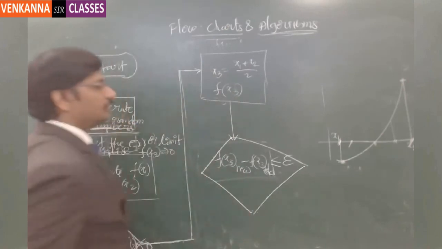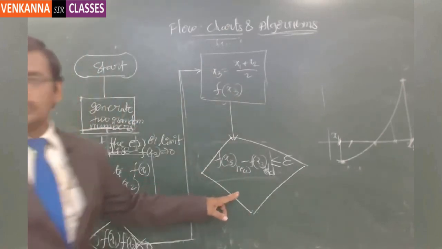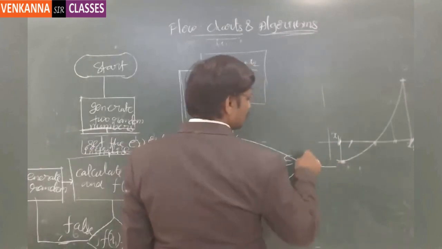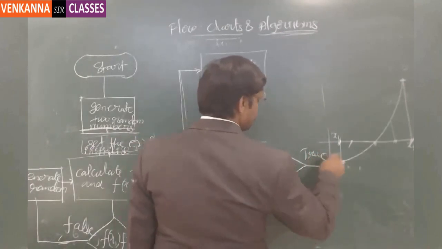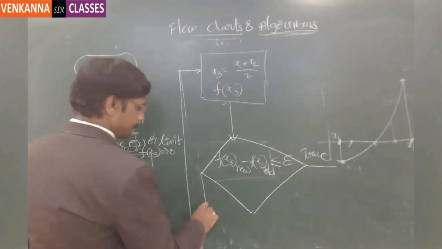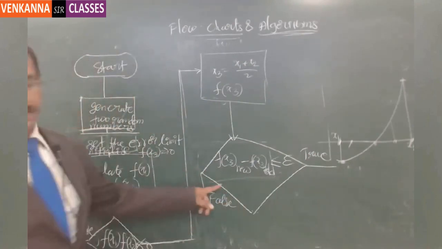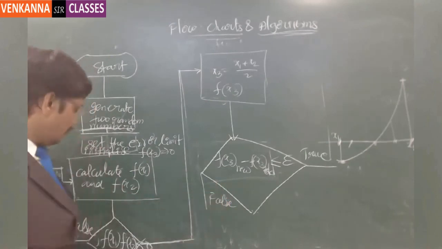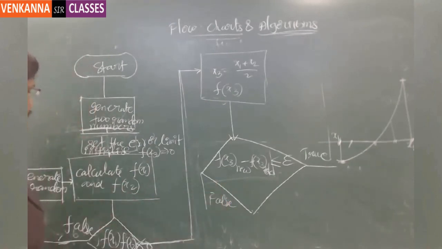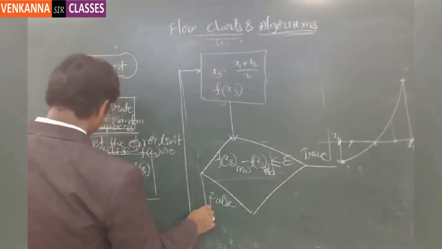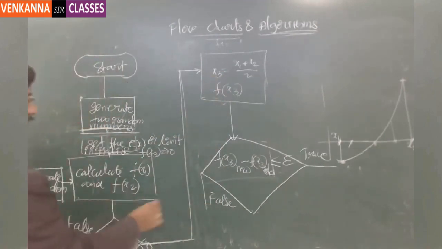This condition we need to check, and again you can get two different results. Maybe true and maybe false. So this is true and this is false. If this condition fails, then what do we need to do? We need to repeat the steps. So use this value and then calculate the function value here.